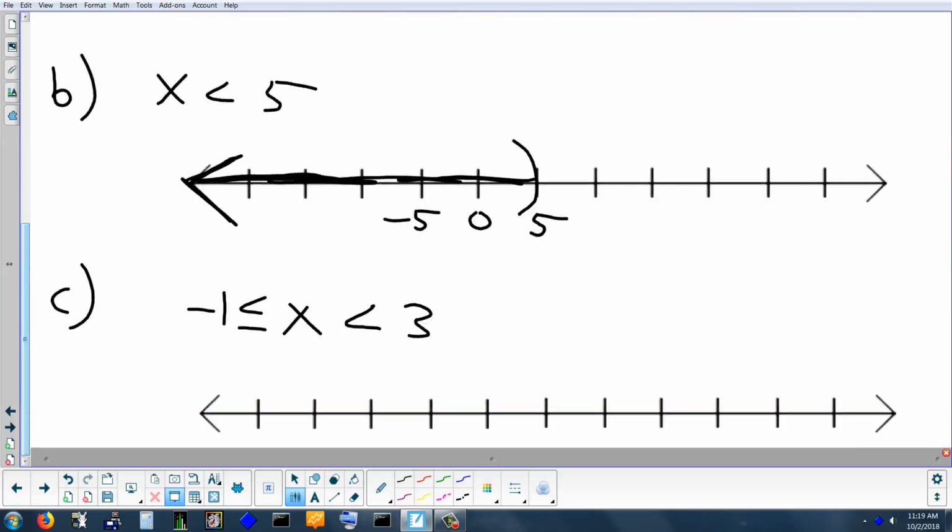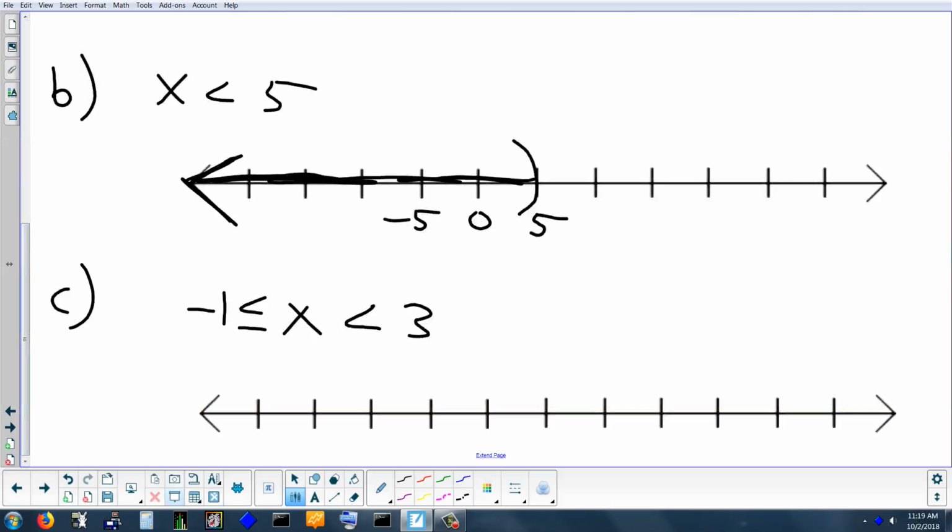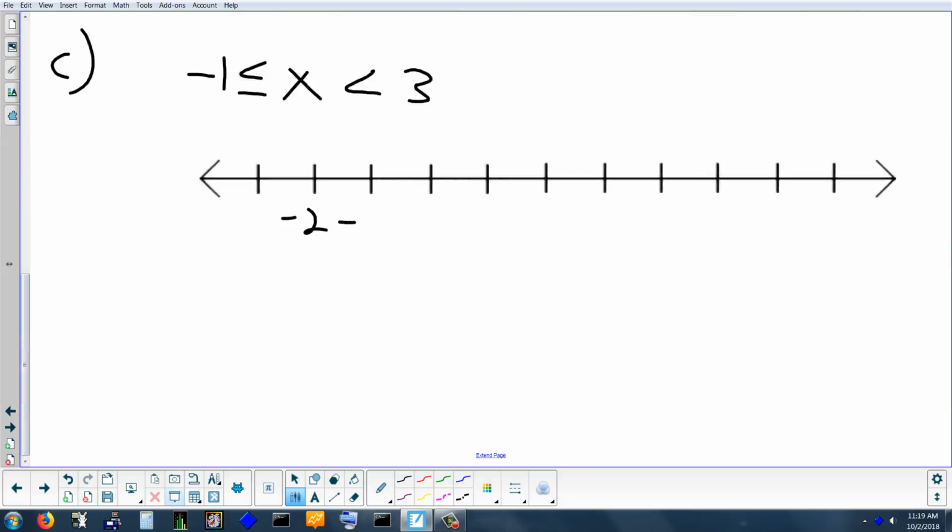Okay, let's look at this one. So this is a conjunction. So this interval is bounded, so you're not going to have an arrow like we did in the last 2. Okay, so just number your number line. I numbered a little bit more than I needed.